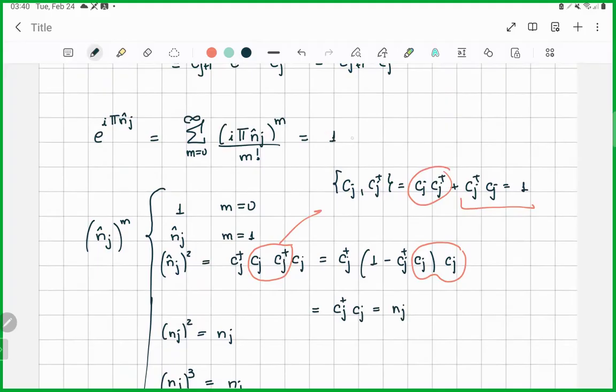And for all the others, when m is 1 or anything above, we have the i pi to the m, the m factorial, very good in the sum, but nj for all of them, the number operator for all of these factors of m. Great. So now then, given that, let me copy this and move down.